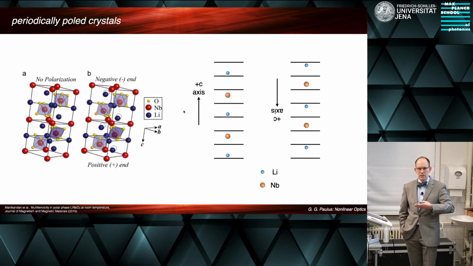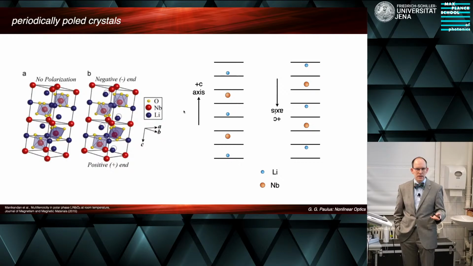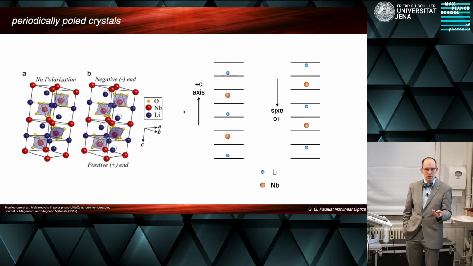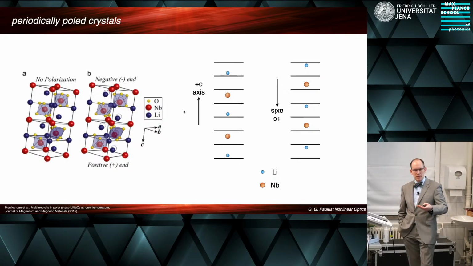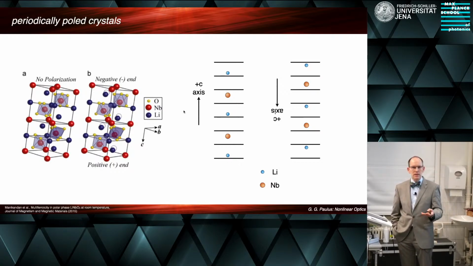By applying a very strong electric field, you can align all the dipoles. So every unit cell is a little dipole. And now if they all have the same direction, then there is more or less a macroscopic dipole moment. At least you have a uniform dipole moment.